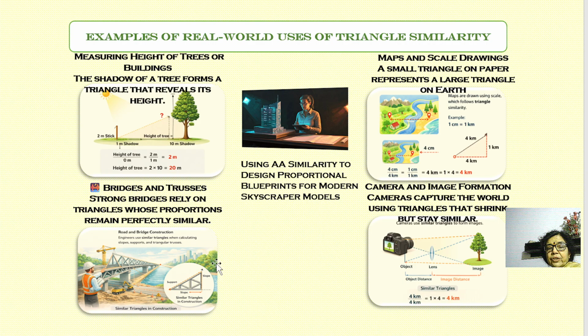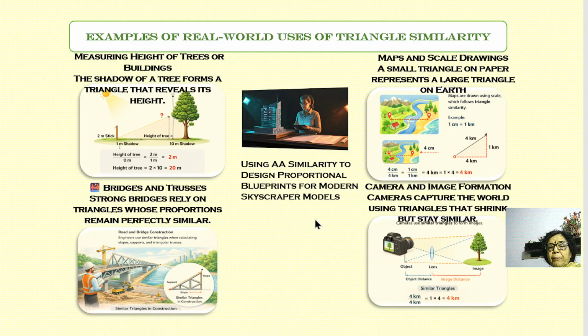Even in the construction department or the engineering field, we have bridges and trusses being constructed in stadiums or bridges over rivers, where the similarity of triangles plays a vital role in the stability of the construction. The skyscraper models that are prepared are based on the AA similarity criteria for constructing blueprints.